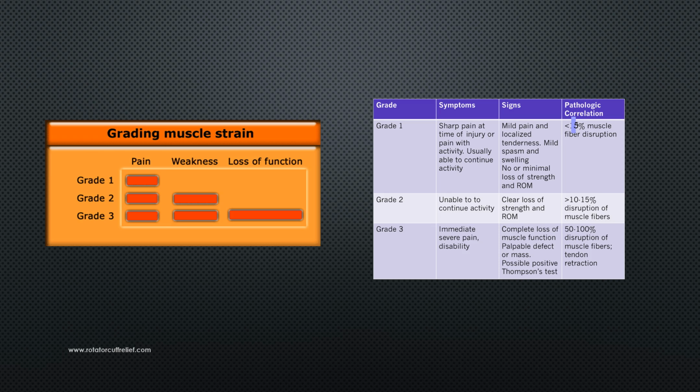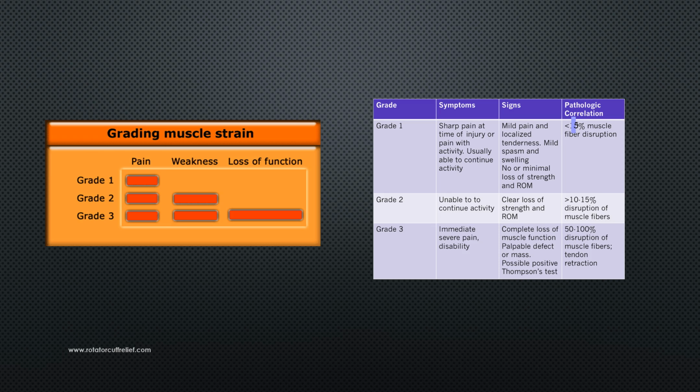Well, outside of pain and tenderness, there may be some spasm and swelling, but there's typically not any kind of significant loss of strength or loss of ROM, range of motion, loss of your ability to move the joint. And if we're looking at imaging, like an MRI or even an ultrasound, we see very little fiber disruption, so we can't see very much on the imaging.